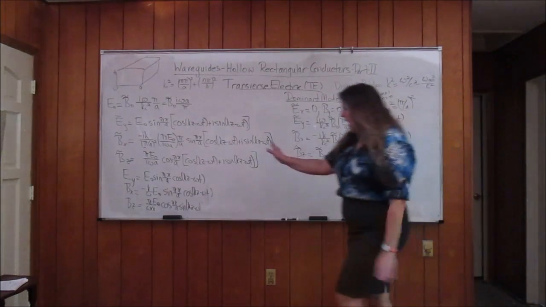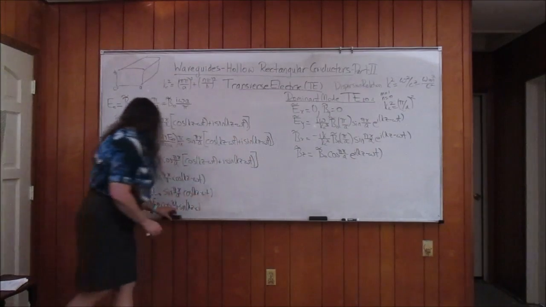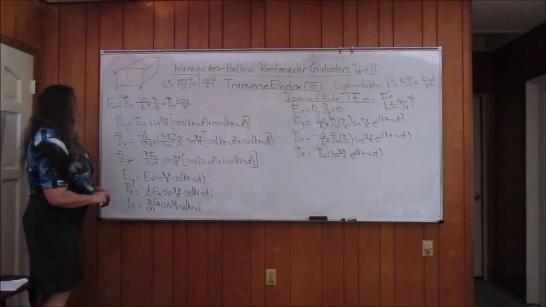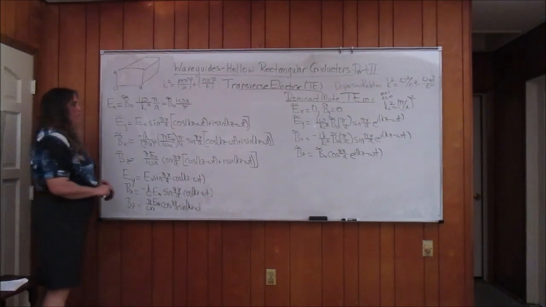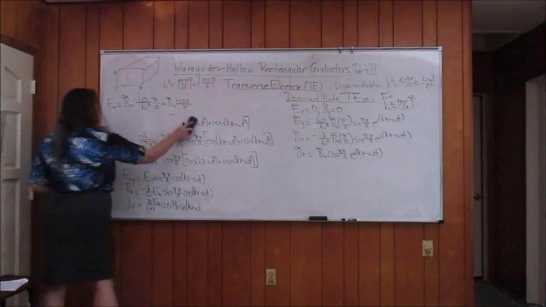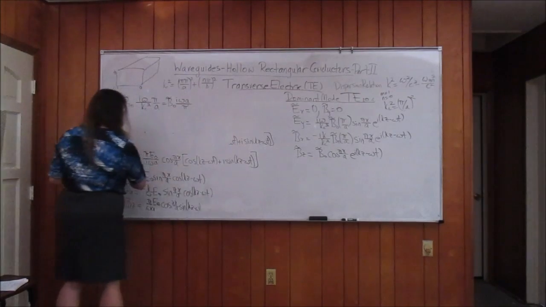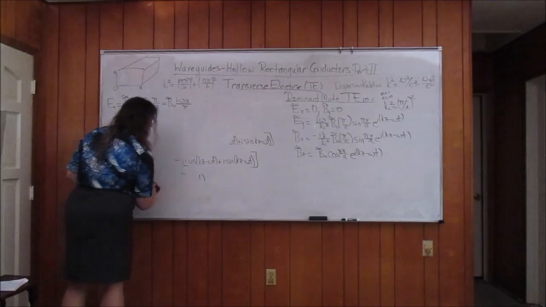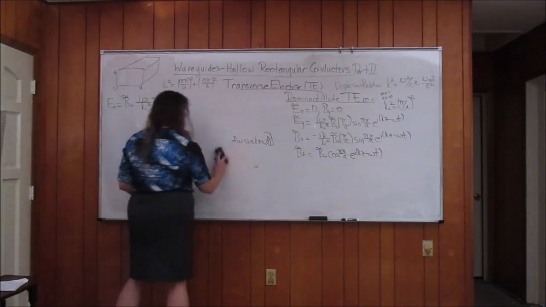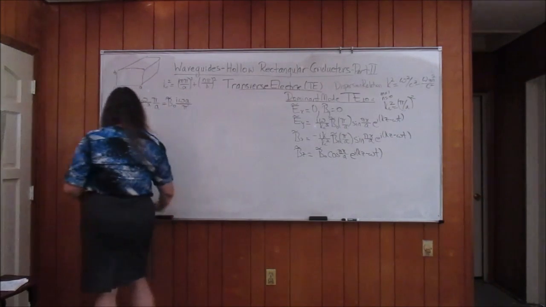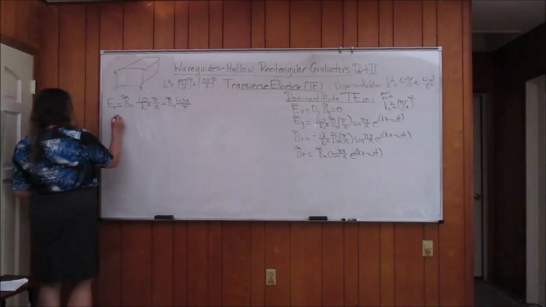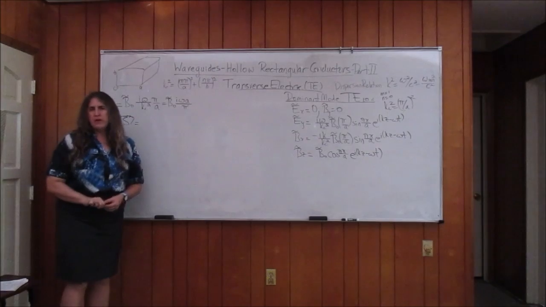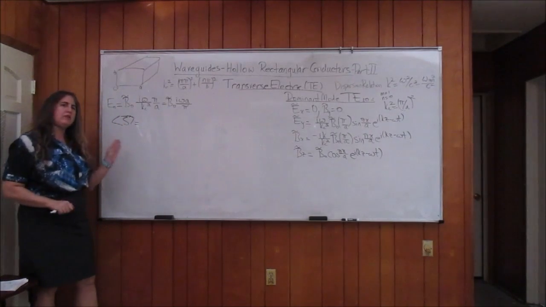Okay, so I'm going to have to erase this on the left-hand side of the board because next I'm going to calculate the power that's transported down the waveguide. And to start out, we need to figure out what is the time average Poynting vector.